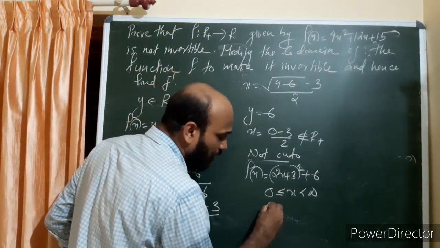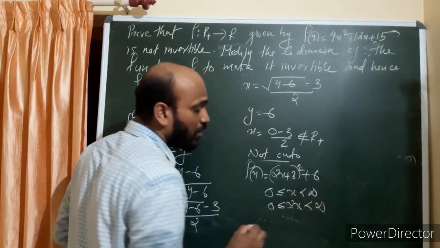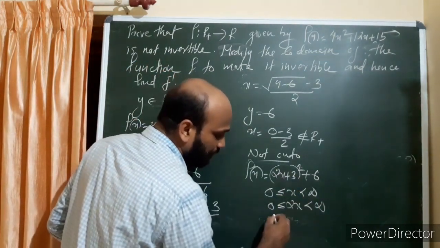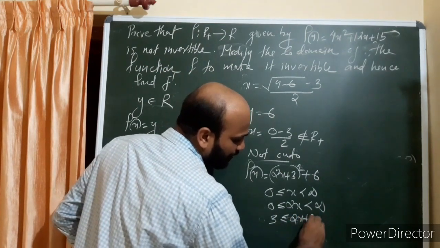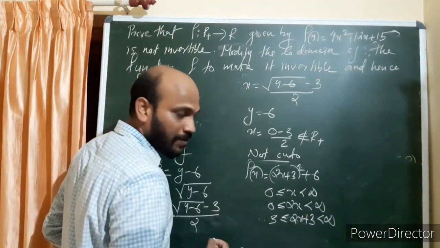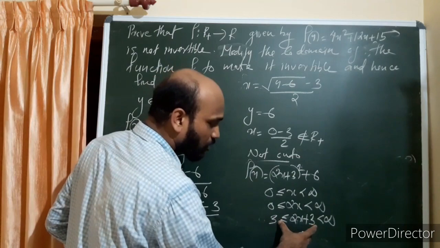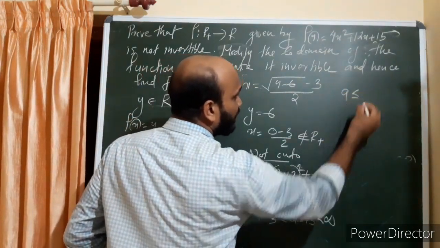So we get 0 less than or equal to 2x less than infinity, because 2 into infinity is infinity. Now we have to add 3. So 3 less than or equal to 2x + 3 less than infinity. Infinity plus 3 is infinity. Squaring this inequality, 3 squared equals 9 we get.